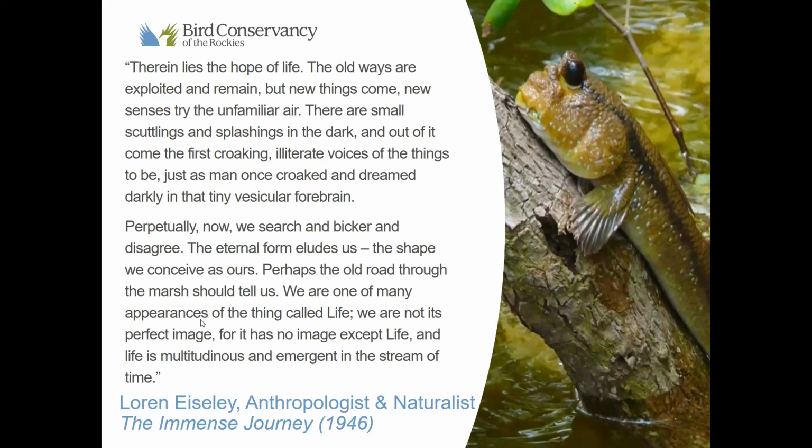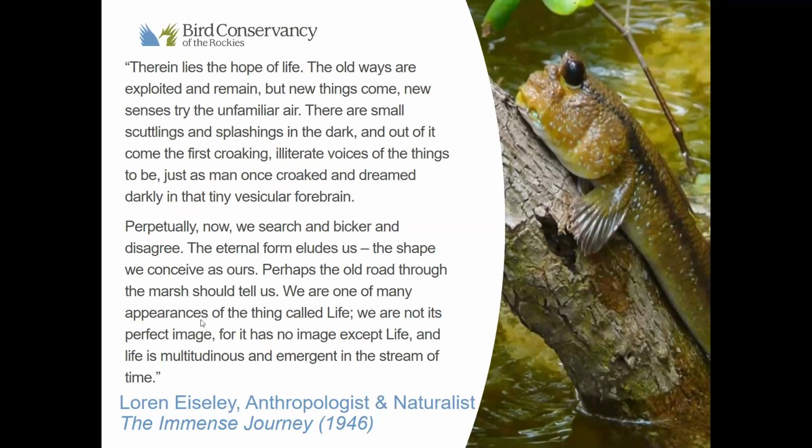Therein lies the hope of life. The old ways are exploited and remain, but new things come. New senses try the unfamiliar air. There are small scuttlings and splashings in the dark, and out of it come the first croaking, illiterate voices of the things to be, just as man once croaked and dreamed darkly in that tiny vesicular forebrain.